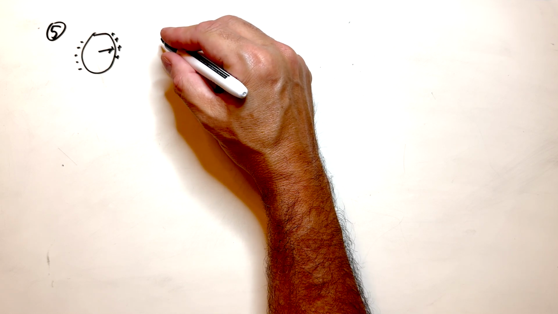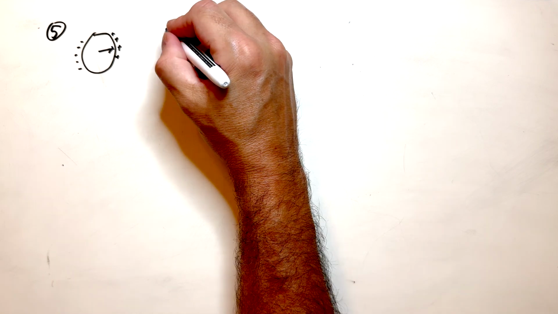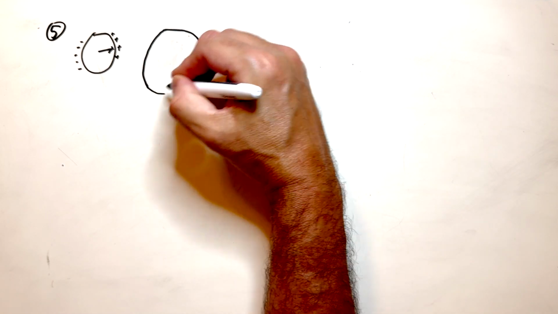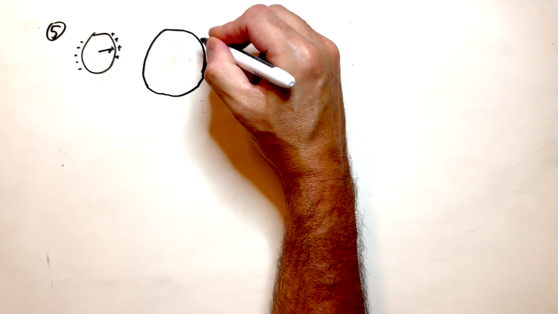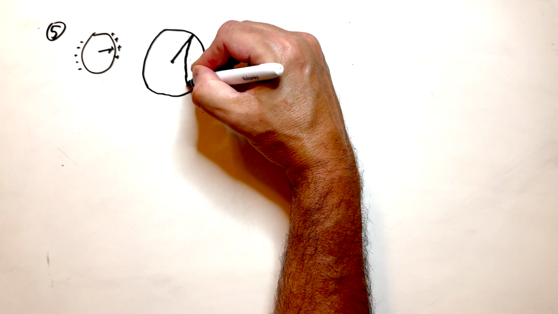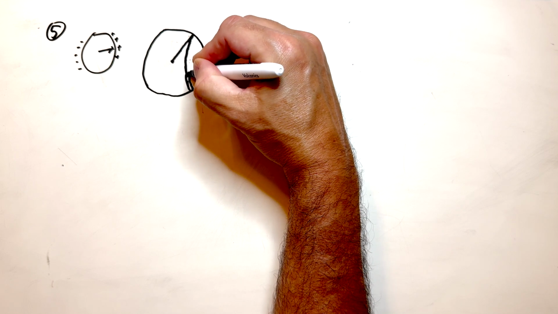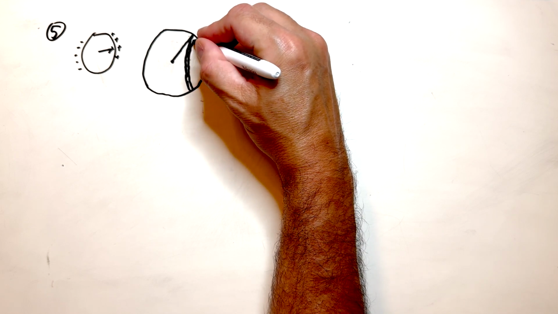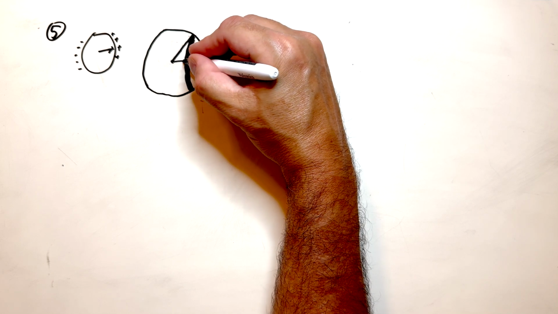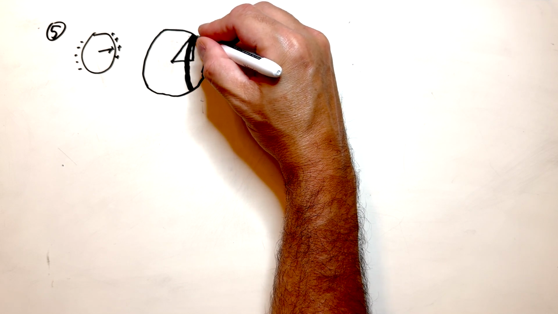So first thing I want to do is draw a convenient picture. I'm going to redraw my sphere like this, and I'm going to consider a little band. This is just a little band that goes all the way around the sphere. I'll let this go all the way out to here and up.